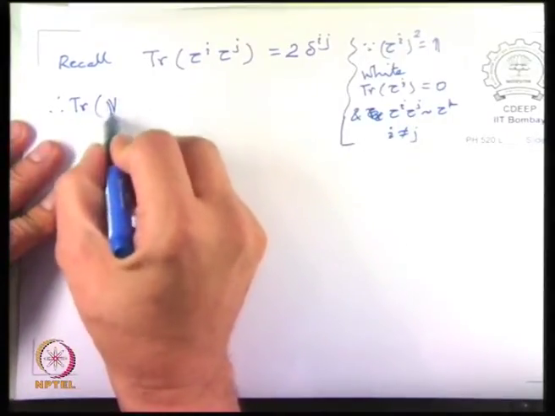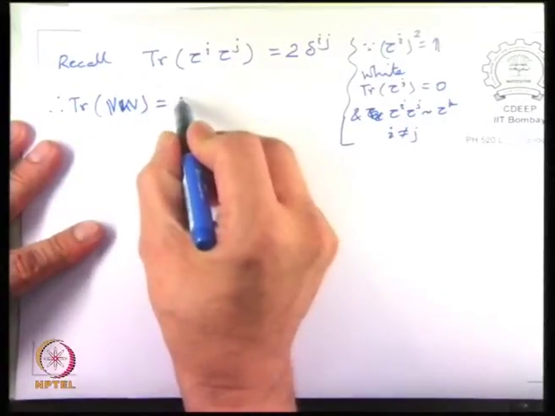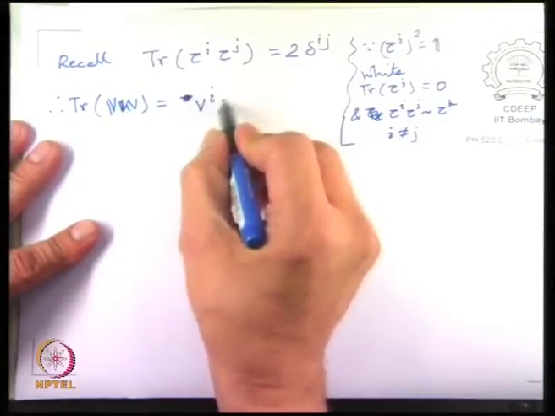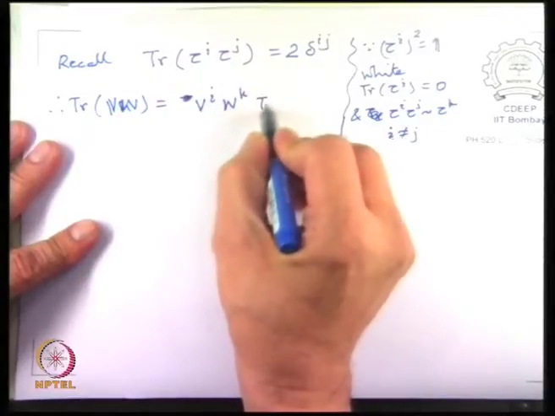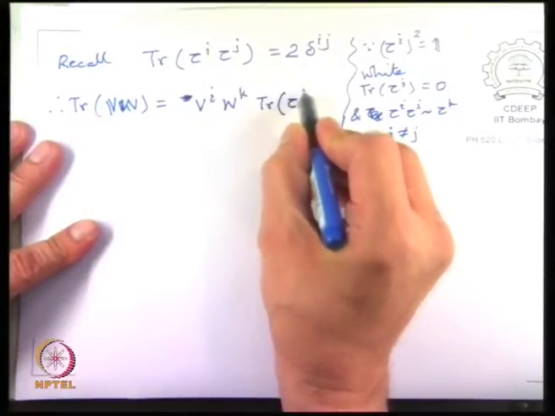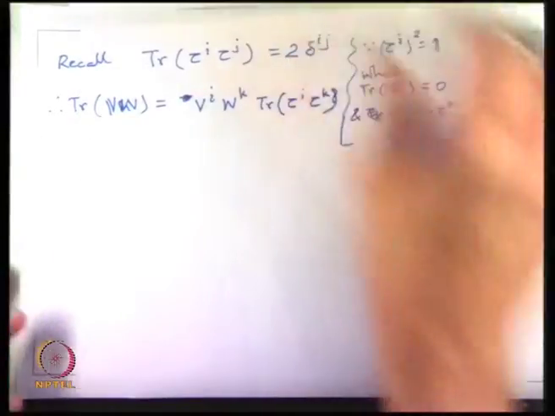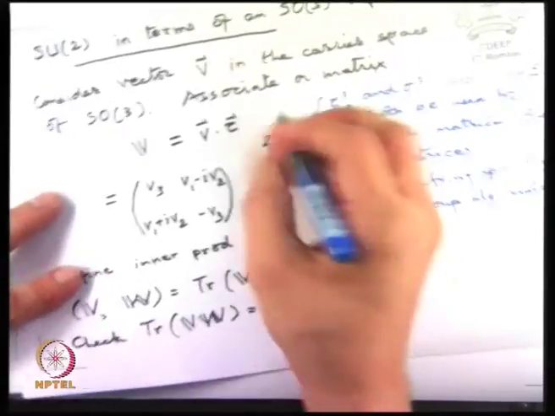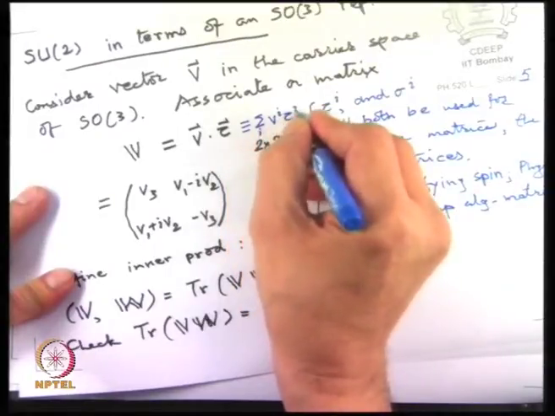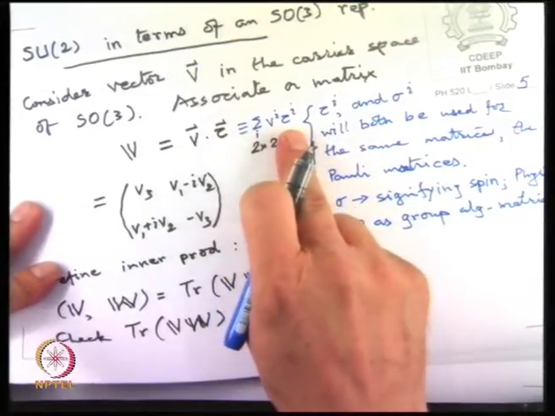And therefore if we take trace VW equal to trace of, now we will take out VI WK, trace of tau I tau k, because V is just the sum over I of VI tau I. So VI are numbers and tracing has to be done over these matrices.